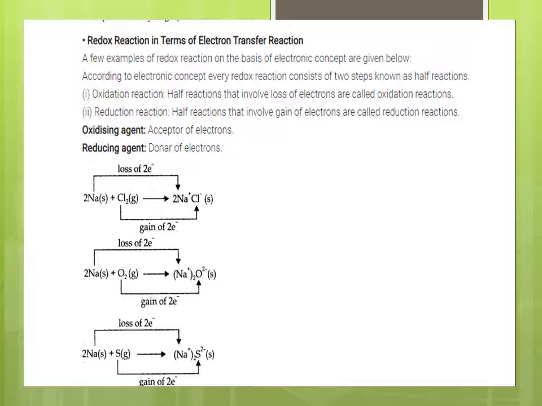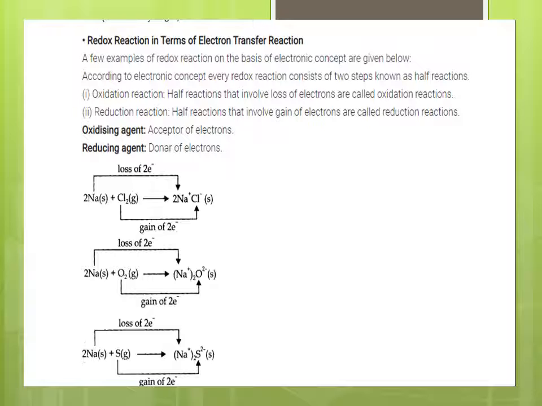But we are taking it in another concept, in terms of loss of electrons and in terms of gain of electrons. When Na changes to Na plus, it means loss of one electron. Upon balancing the stoichiometry, it will be 2Na gives 2Na plus, which means loss of 2 electrons.